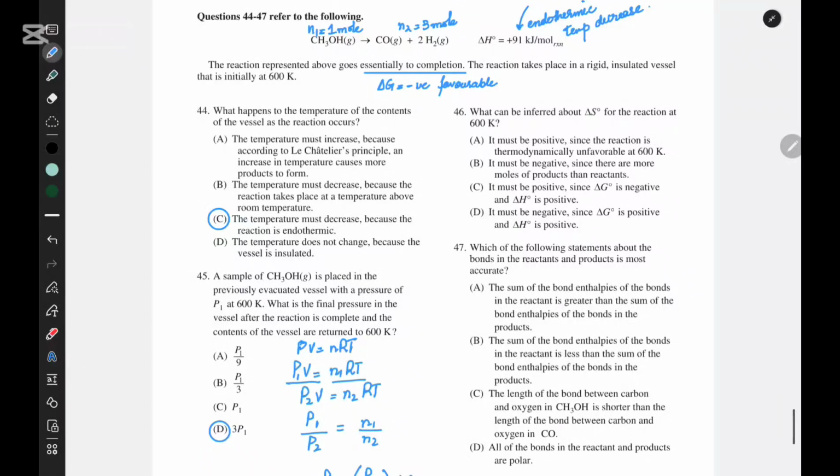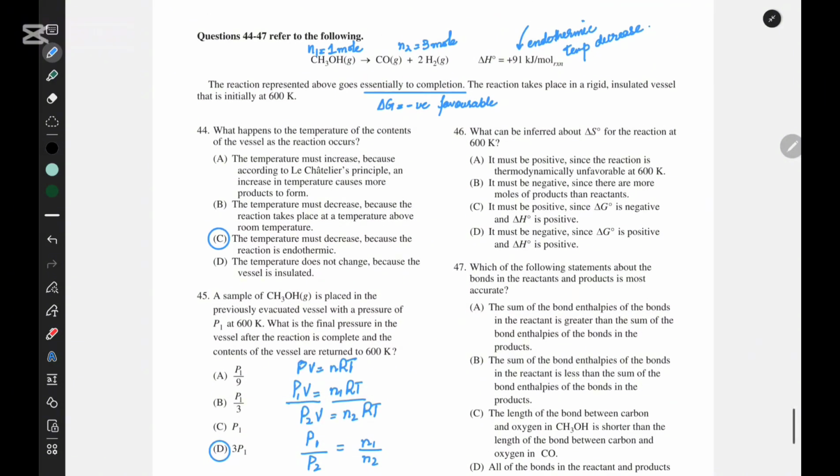What can be inferred from entropy change for the reaction at 600 Kelvin? For the reaction at 600 Kelvin, as we know, enthalpy is positive, first of all.